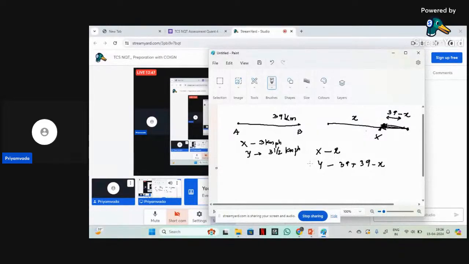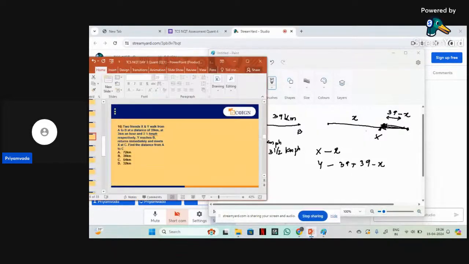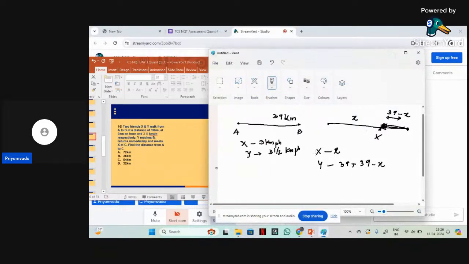Okay. So yes, sorry for the disturbance. Here we see the people X and Y. The distance traveled by X is x, and the distance traveled by Y is 39 plus 39 minus x.